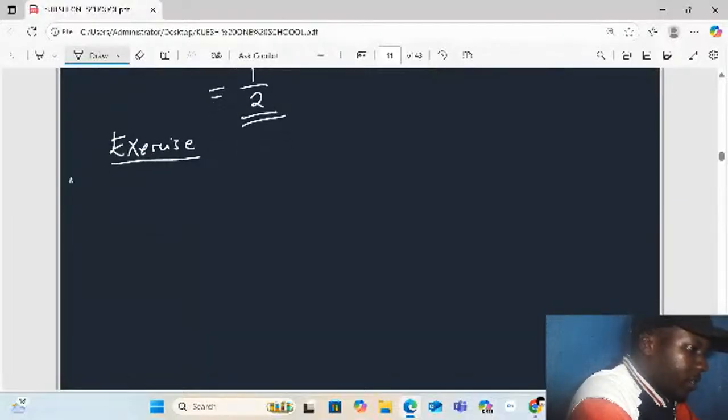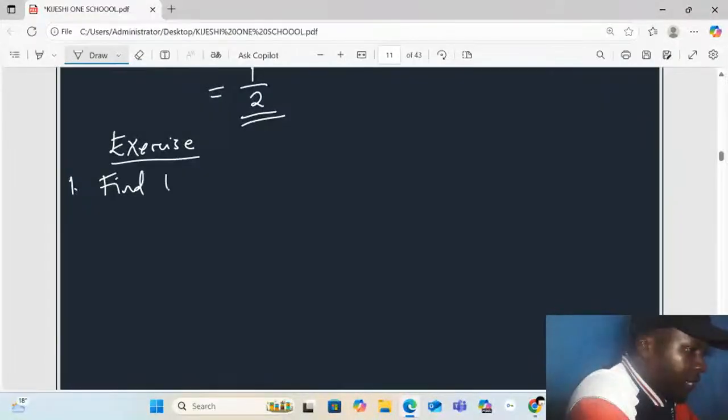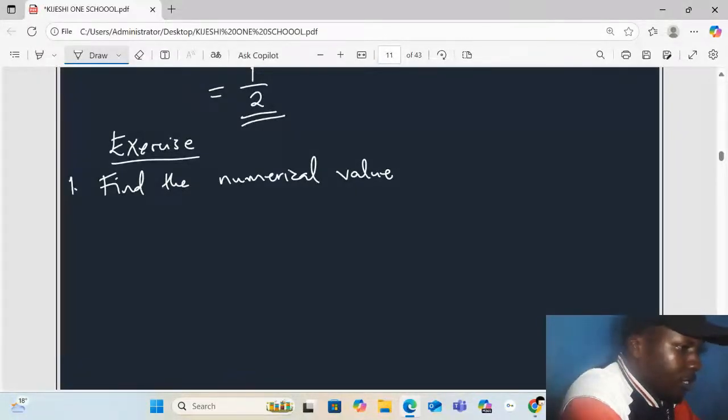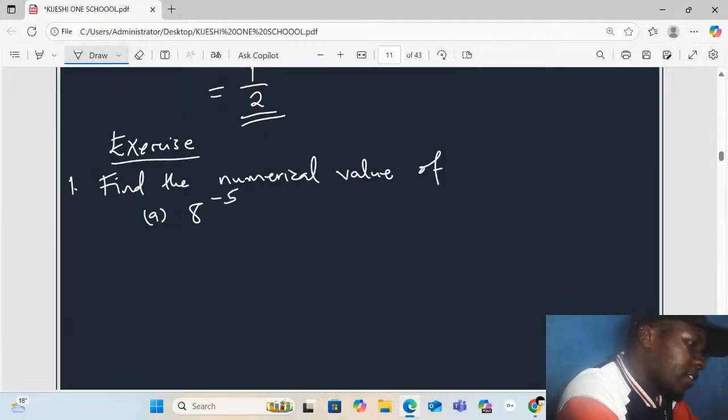So number 1, you can say find the numerical value of A. We have 8 raised to negative 5 over 3.